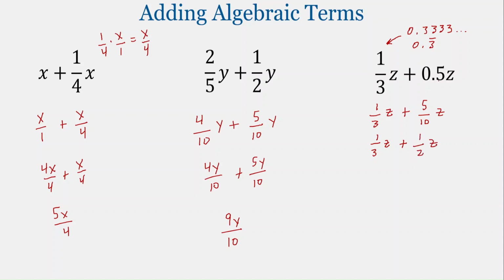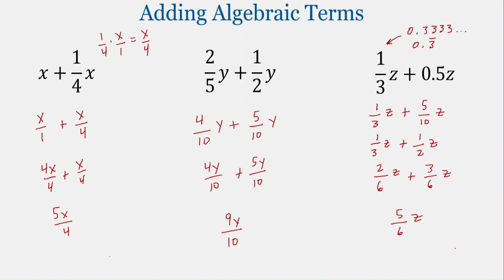And if you recognize that 0.5 is the same as 1/2, that's good. If not, write it as 5/10 first, and then simplify that fraction down. So now we have 1/3 z plus 1/2 z. Common denominator will be 6. So this is 2/6 z plus 3/6 z. We add those together and we get 5/6 z.